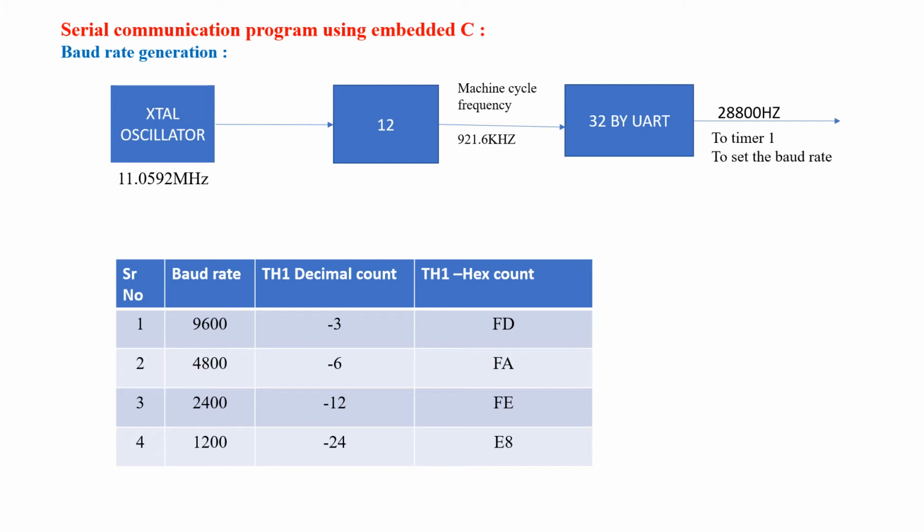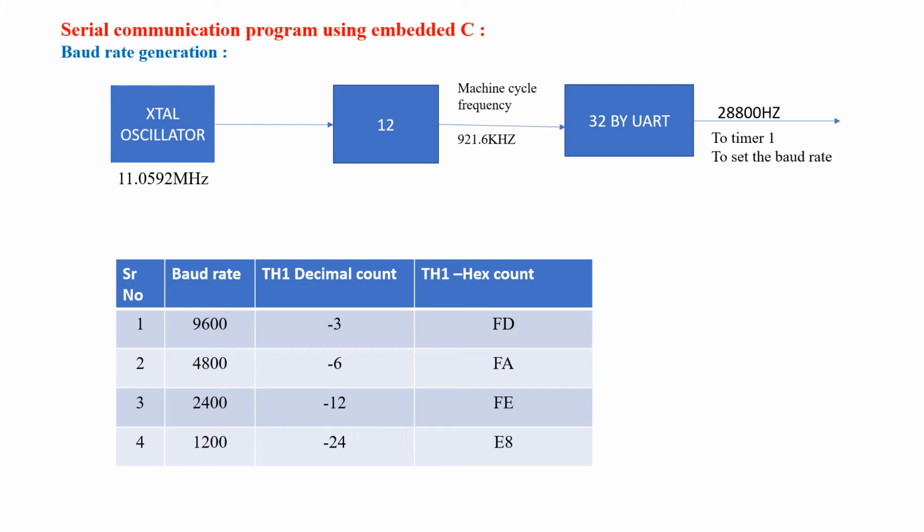Now different baud rates are available, that is 9600 baud rate, 4800 baud rate, 2400 baud rate and 1200 baud rate. So according to baud rate, the value of TH1 is loaded.